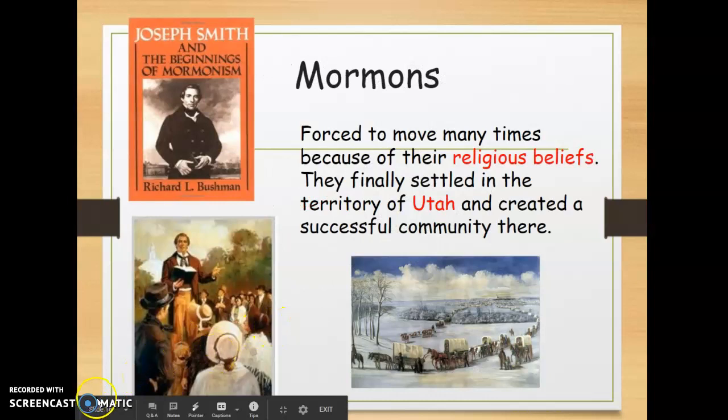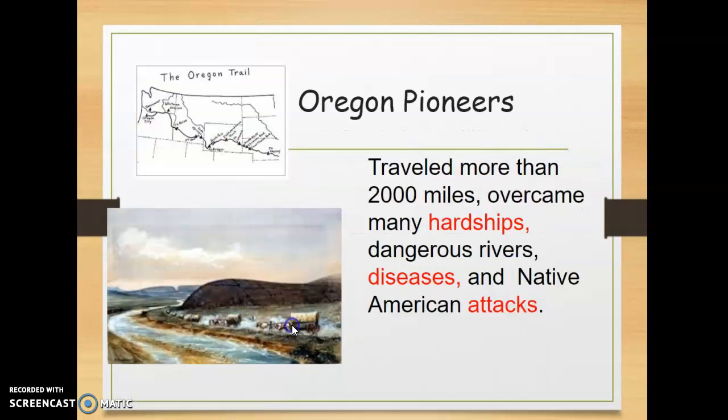So previously we talked about economic and political discrimination, and touched a little bit on religious discrimination with Catholics and the Irish, but there was also religious discrimination among the Mormons, who were forced to move many times because of their religious beliefs. They finally settled in the territory of Utah and created a successful community there.